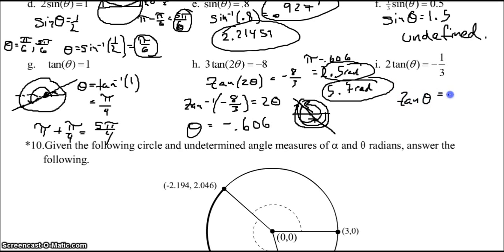Okay, tangent of theta is negative 1/6. So if we found the inverse tangent of negative 1/6, negative 0.165, that's not part of our interval, so we can add a pi to it and get 2.97.